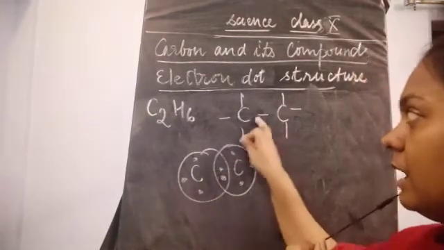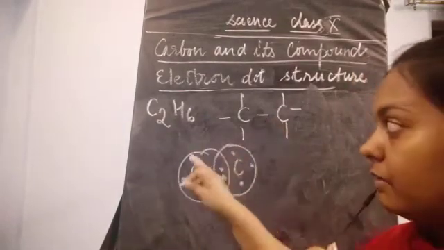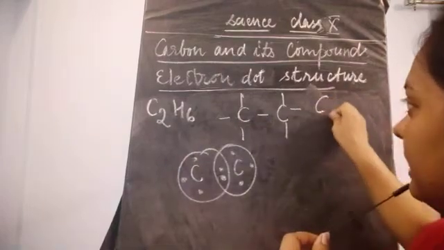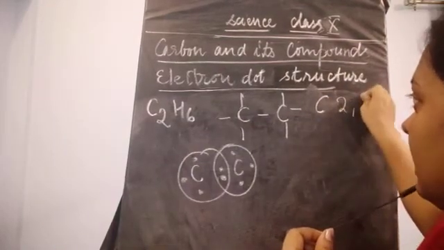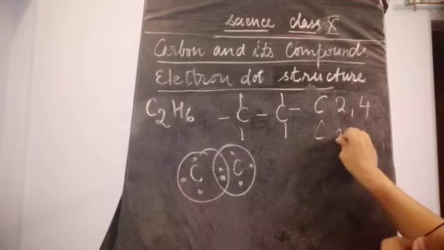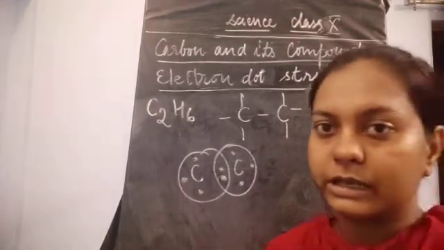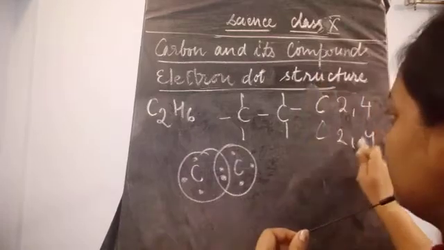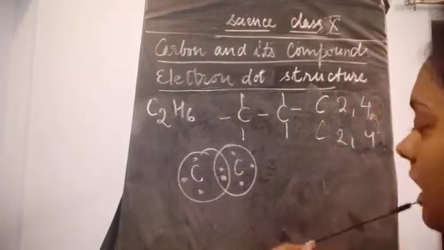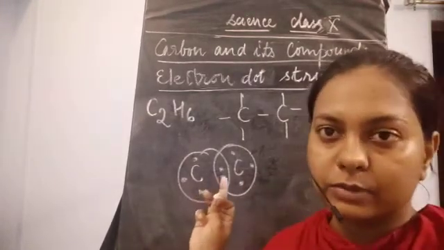So this carbon and carbon are going to share 1 electron, because two carbon atoms are there, so it has 2 and 4. Similarly 2 and 4. So how many electrons more are required? 4 more electrons are required. So if it gives 2 electrons to this carbon, now how much? 6 electrons are with the first one.